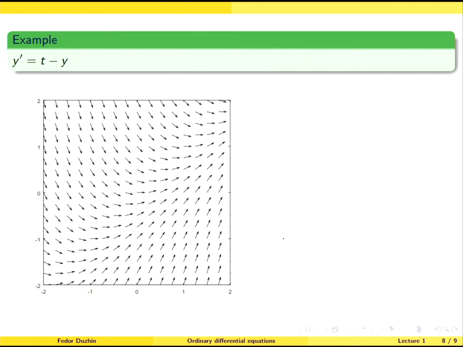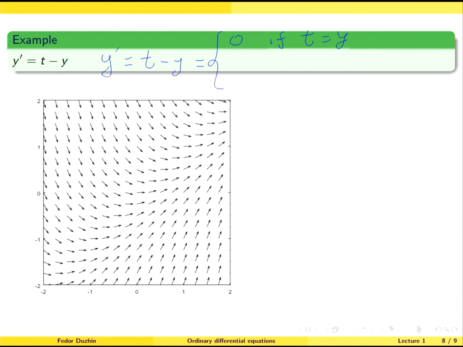All right. Let us look at this example. There are two things that I would like to pay your attention to. First of all, let's notice that the right-hand side, t minus y, is 0 if t equals y.